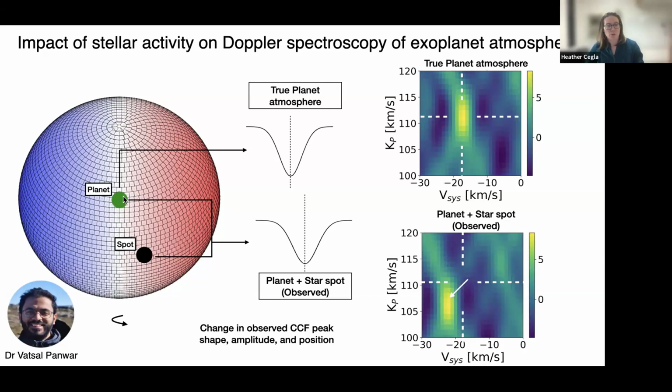And then we will treat the planet as an opaque occulting sphere that goes through. If you just had the planet on its own, you would get some sort of detection map that looks like this, where you've got your nice Kp versus vsys right where you expect it. But if you had an unocculted star spot, for example, contaminating your measurements, you could possibly end up having that skewed. So his work is going to be exploring that.